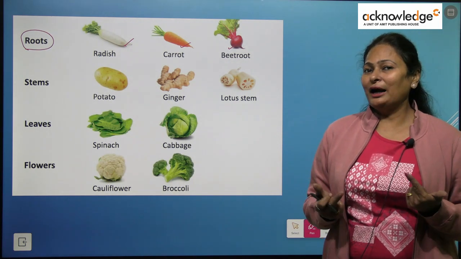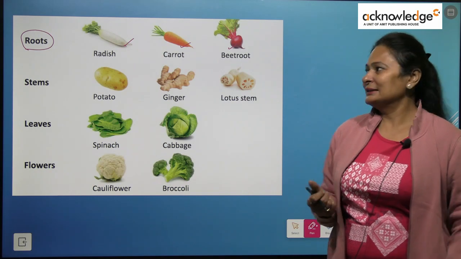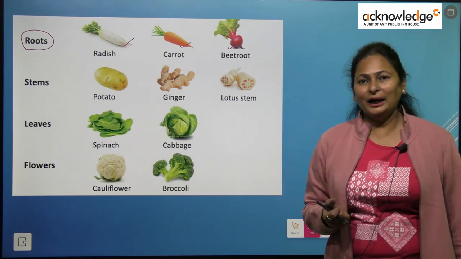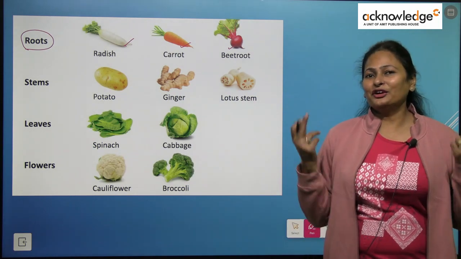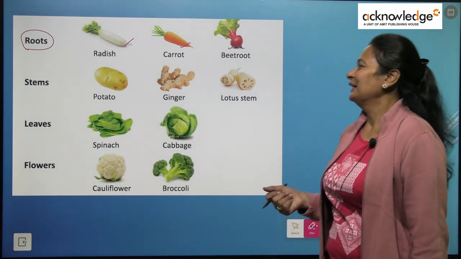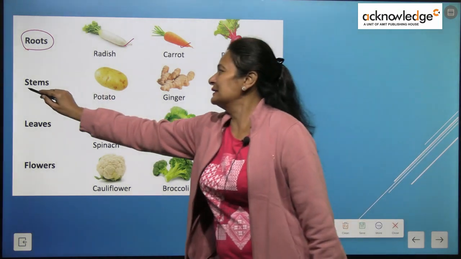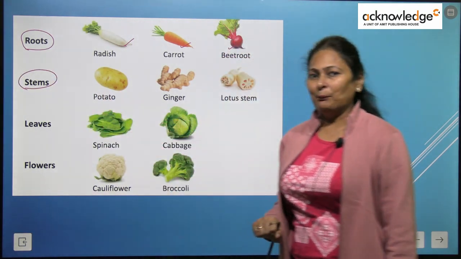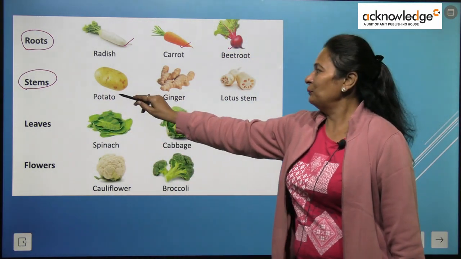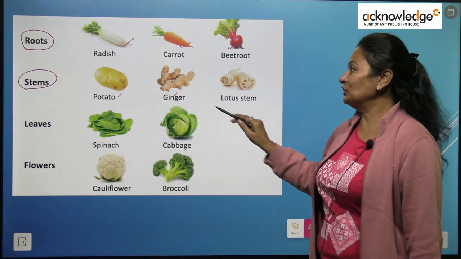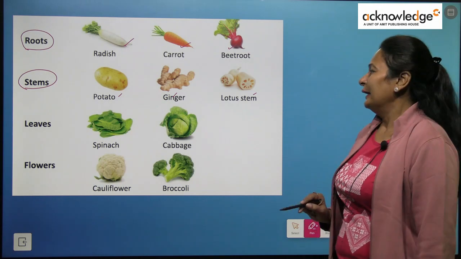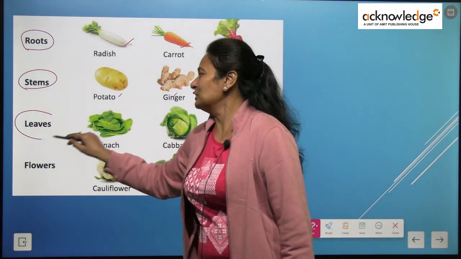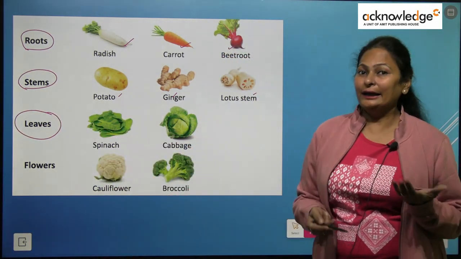So, what is the part of a plant it is? It is the root of a plant. You know, kids, carrots are very good for our eyes. Next is stem. Examples of stems are potatoes, ginger and lotus stem. Leaves. Plants store their food in leaves too.